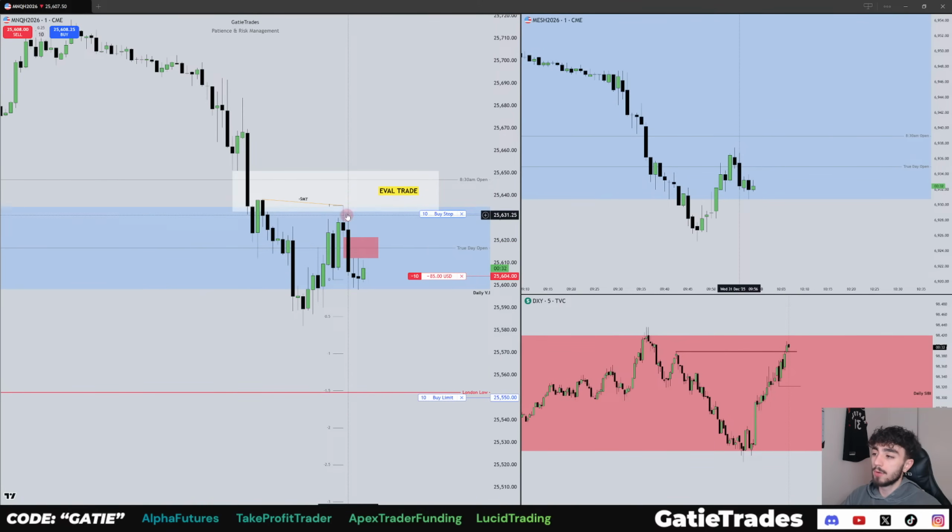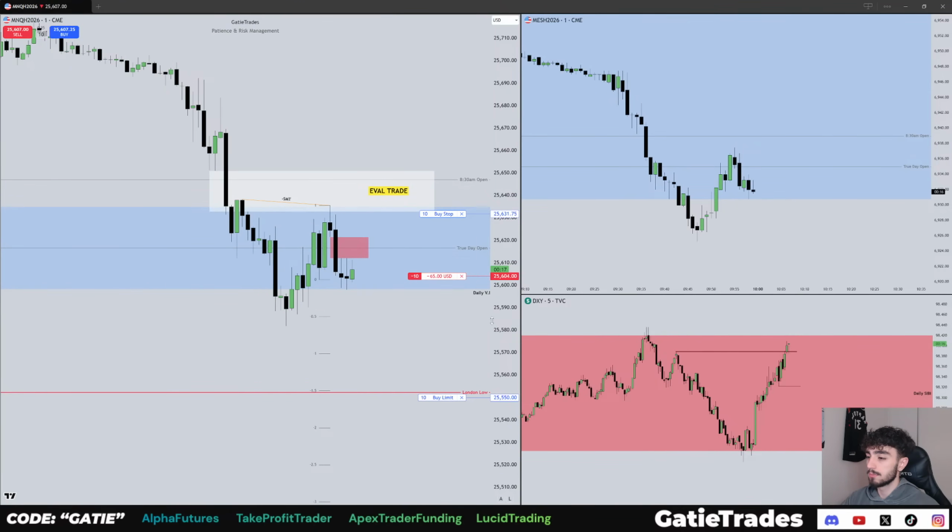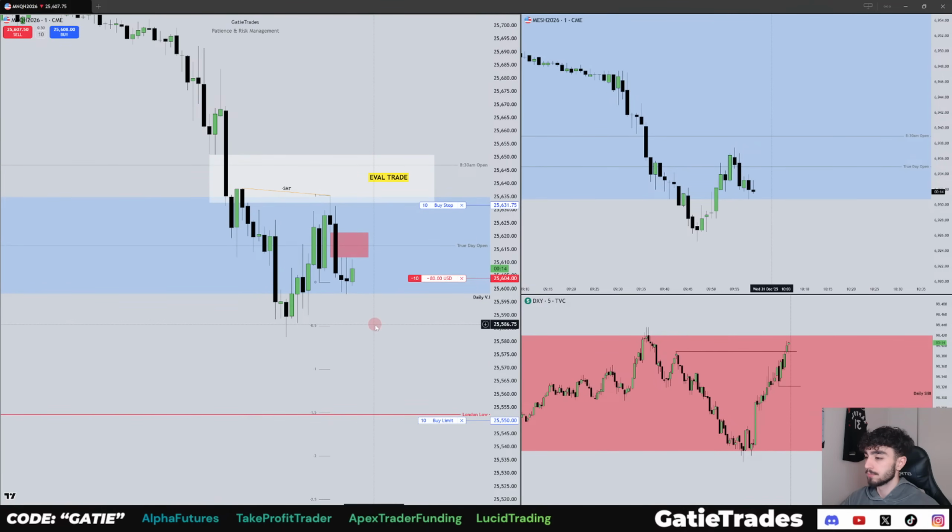I favor it being a breakaway because we already came up and put the SMT in, and dollar index is bullish. So I favor it not coming back up here, but it easily could do this, very easily, and that's not something I'd want to risk real money on.